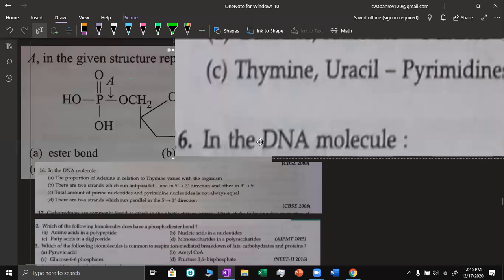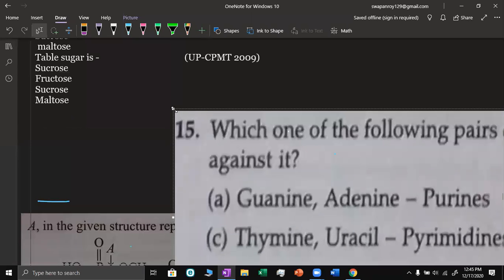Can you read it now? Oh, so this is very big.